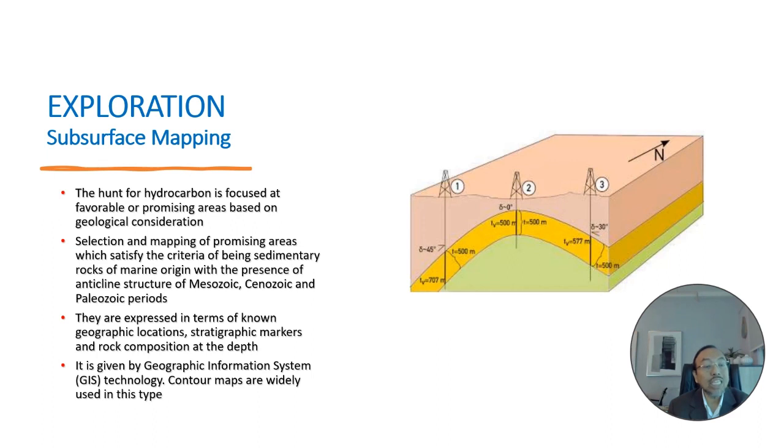Contour maps are widely used in this type. The purpose of subsurface mapping in the oil and gas exploration is to find traps that contain oil and gas pools. Subsurface geological maps are perhaps the most important and widely used vehicle to explore for undiscovered hydrocarbons. There are many types of geological subsurface maps.